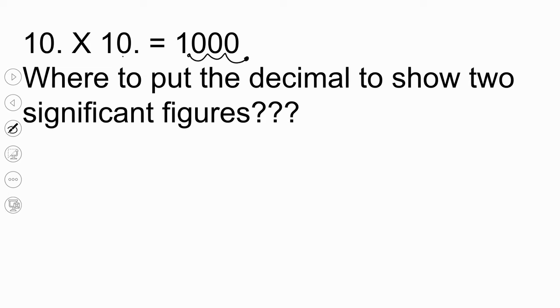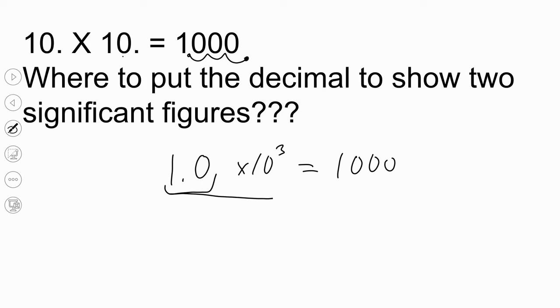It's 1.0 times 10. Okay. Is this 1.0 times 10 to the third? Do you agree that's 1,000? Okay. How many sig figs? 2. Good. So if it's a weird number to do sig figs with, you can put it in scientific notation. That might come up on Alex, it might not, depending on what questions you get.